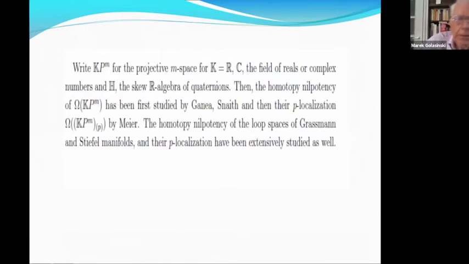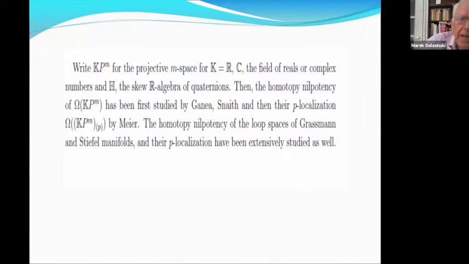Also, we have other spaces about which we know some information about their homotopy nilpotency. Namely, consider projective space over the reals, complex numbers, and quaternions. Then the homotopy nilpotency of loop spaces of projective space was first studied by Yamaguchi and Stein, and then their p-localization by Meyer.